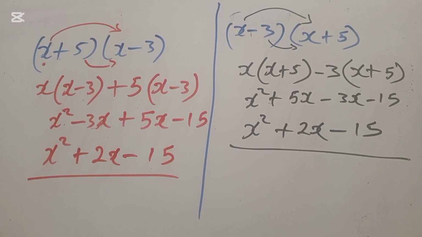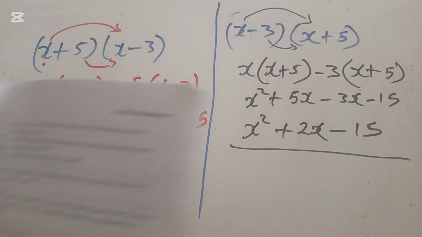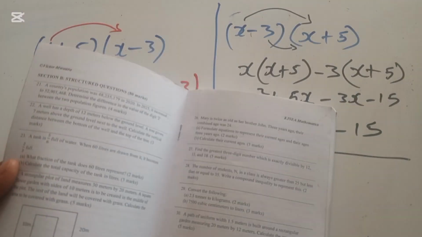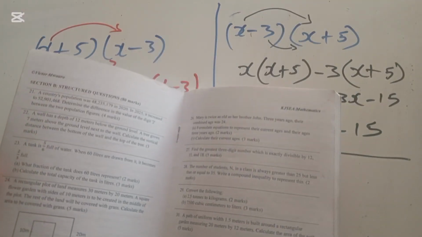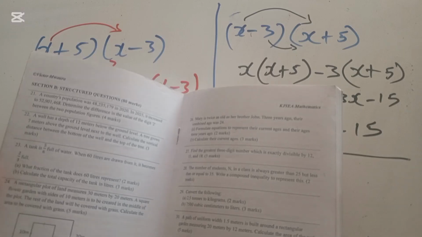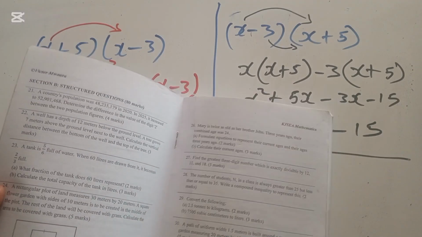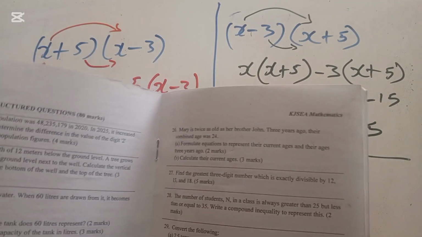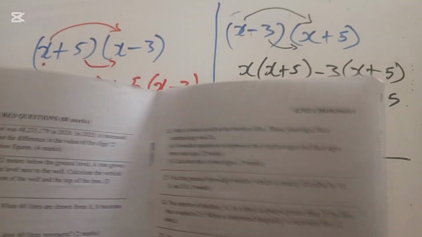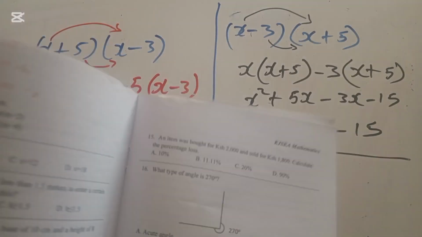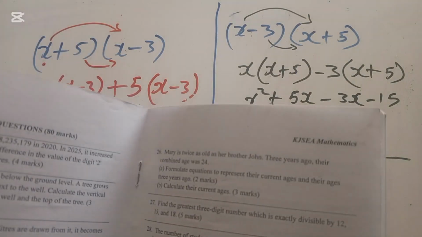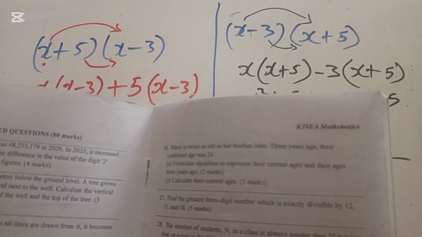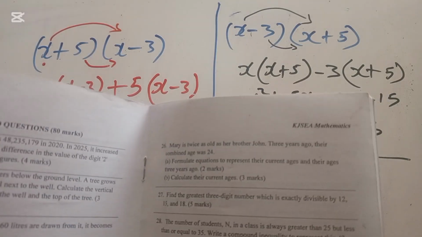Now let us look at any other question in this book that you need to understand. Another area in this topic on algebra is forming equations. You're given a story and you need to form equations on it.